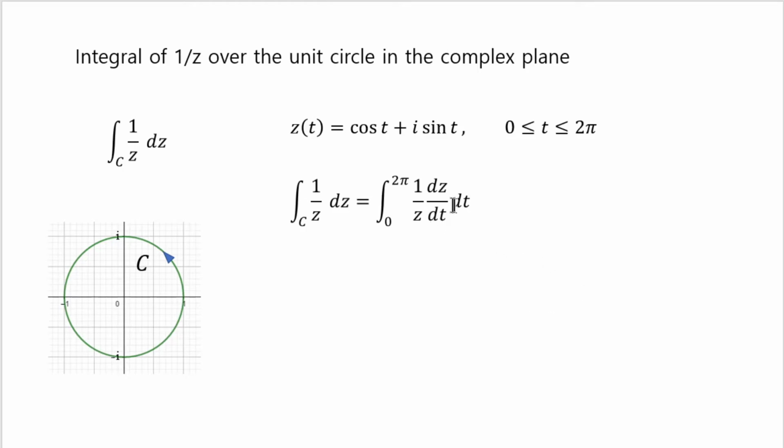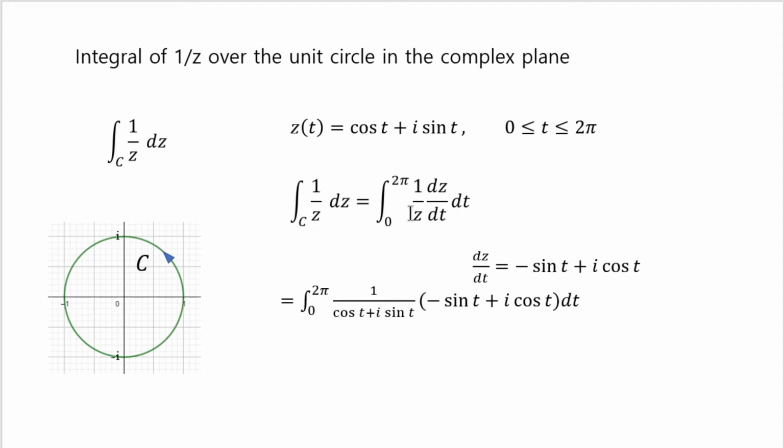You divide by dt and multiply by dt, which means that you first need to find the derivative, which is this, and then you just plug in everything. So z is replaced by this, dz/dt is replaced by this, and now you have this integration by dt, so the bounds are from 0 to 2 pi.